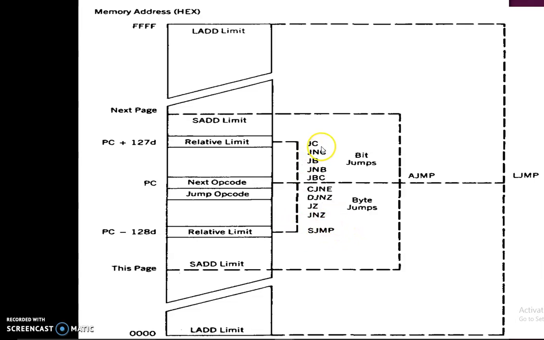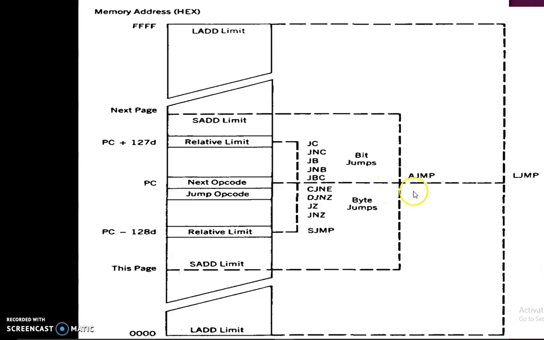In S jump, we have two types of jump instructions, bit jumps and byte jumps. Afterwards I will tell what a bit jump is and what a byte jump is. The next jump instruction is A jump, absolute jump, nothing but absolute short jump. The range is one page, nothing but 2K size.